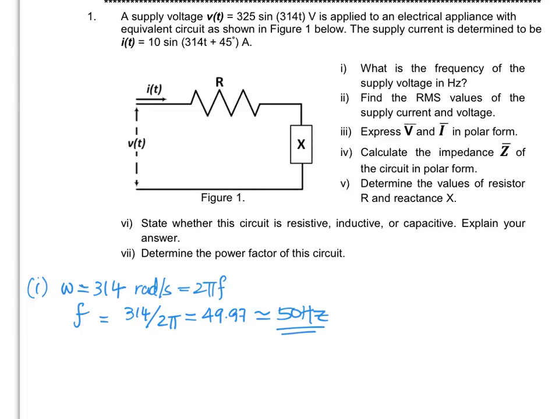Next, we want to find the RMS value. Now, if you recall the RMS formula, V RMS equals V peak divided by root 2. In this case, V peak is 325 volt divided by root 2. That will give us a value of 229.8 volt.